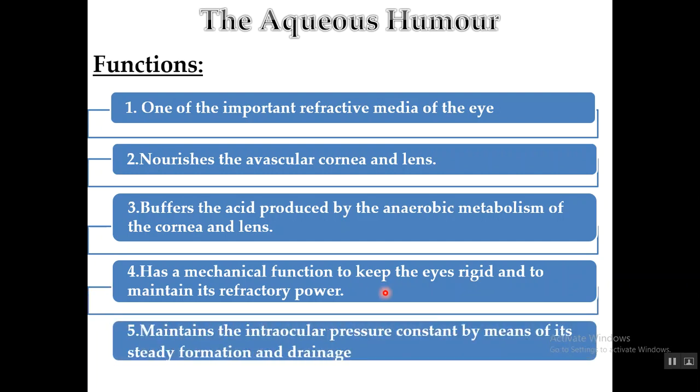And finally, it maintains the intraocular pressure constant by means of continuous formation and sustained drainage. The balance between drainage and formation is responsible for what is called IOP, or intraocular pressure.